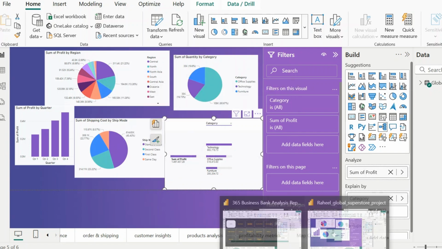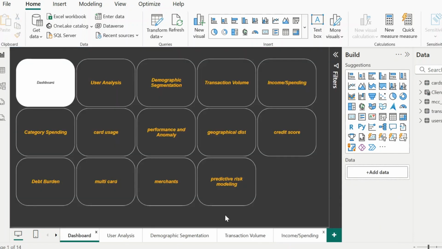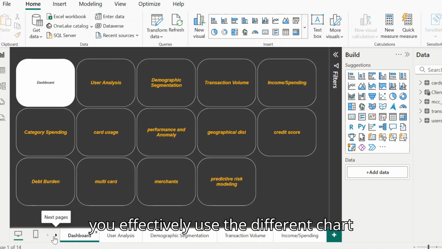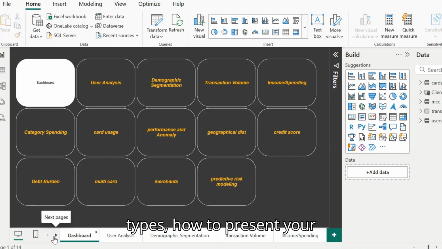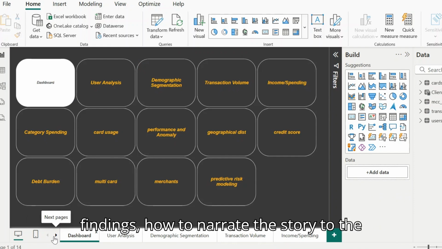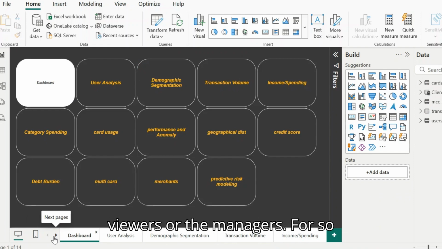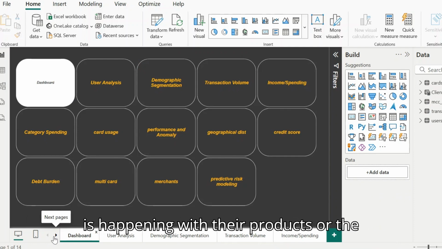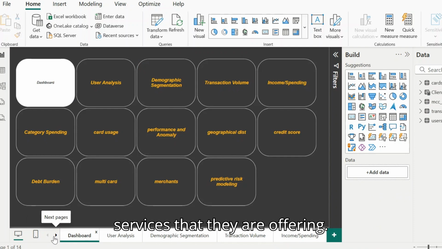You have a number of options to use, but at the end it is your creativity how you effectively use the different chart types, how to present your findings, and how to narrate the story to the viewers or the managers, so they can effectively understand what is happening with their products or the services that they are offering.